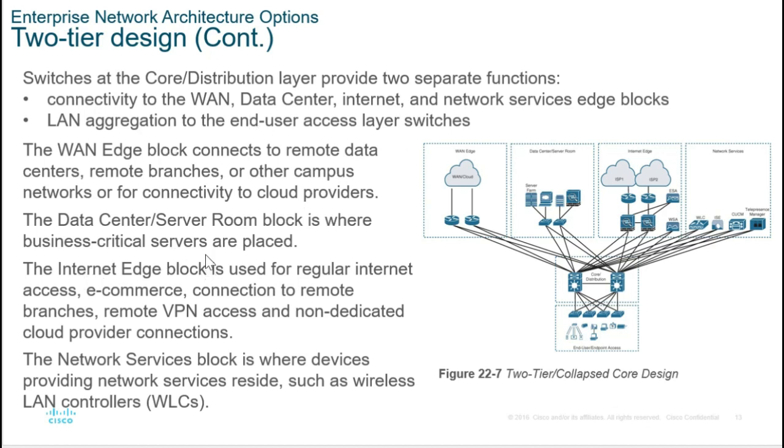For example, the data center is where business critical servers are placed. So we have to do some configuration so that the task can be done for the connectivity to your essential business critical servers. And then when you want to connect to the outside world, to the internet, if your company ada e-commerce, okay, then if you want to have a remote branch, how is the connection going to be?